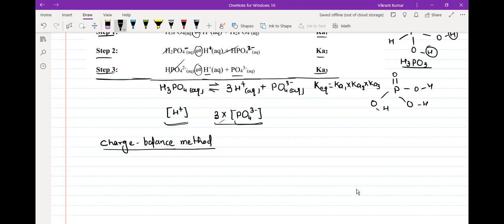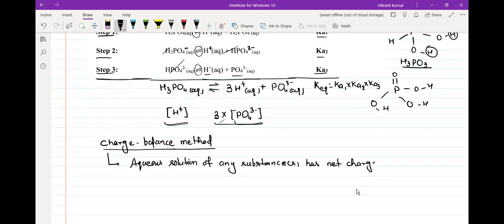Then okay, let's see. So the charge balance method is a simple thing. Any aqueous solution of anything is net neutral. Right? Agree? H2O is net neutral.